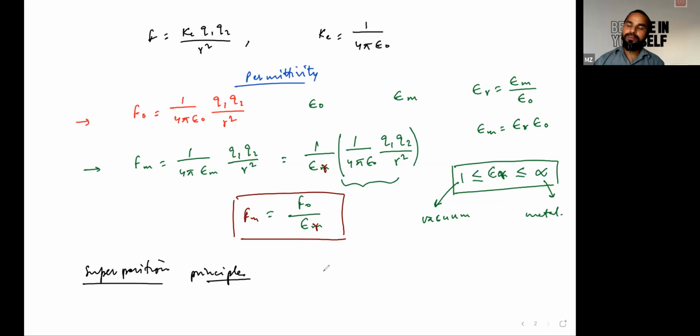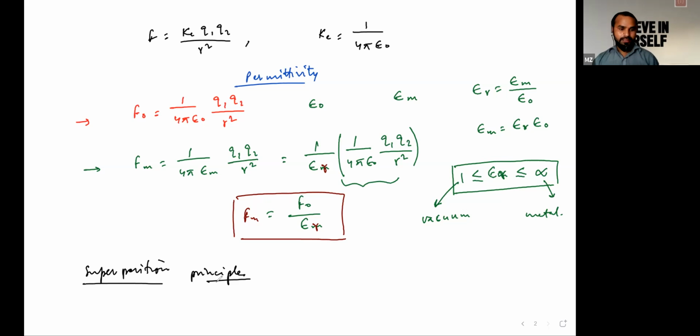In physics, superposition means just addition of any two different terms. We have two different types of quantities, one is scalar and the other is vector. So while adding, we have to keep in mind whether the quantities to be added are scalar or vector. On that basis, we apply the superposition principle.